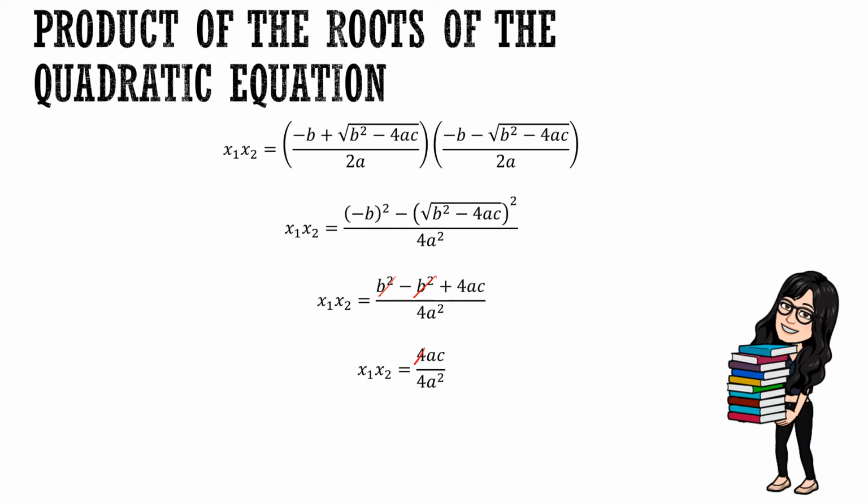Cancel out 4 and a. Remember, if you expand this, it is a multiplied by a. Therefore, the product of the roots of a quadratic equation is c over a.